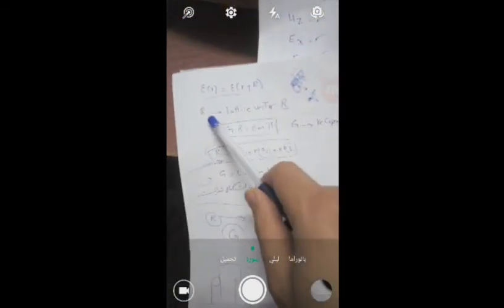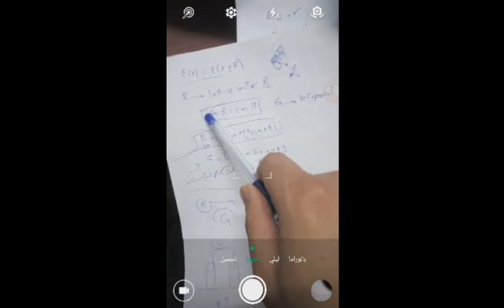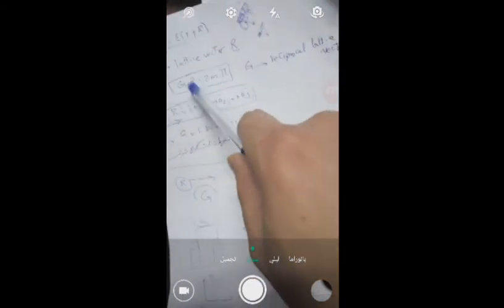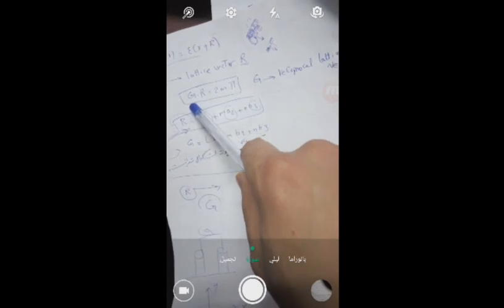You mentioned in the last lecture that the lattice vectors we can describe in the reciprocal.